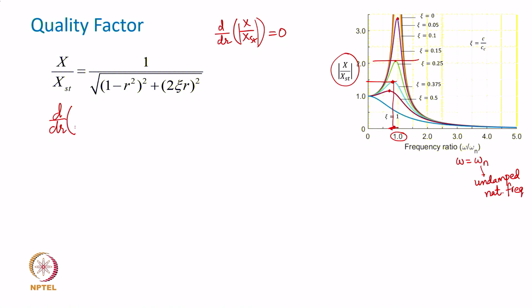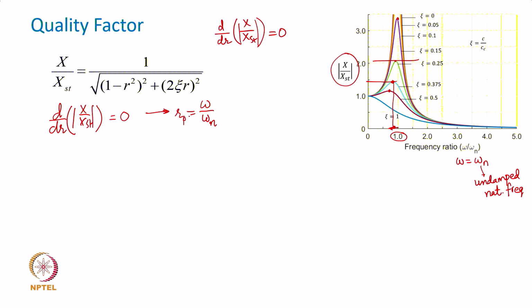So, that derivative with respect to r equal to 0 will give you the ratio r, which is nothing but omega over omega_n, and this is a specific r value.